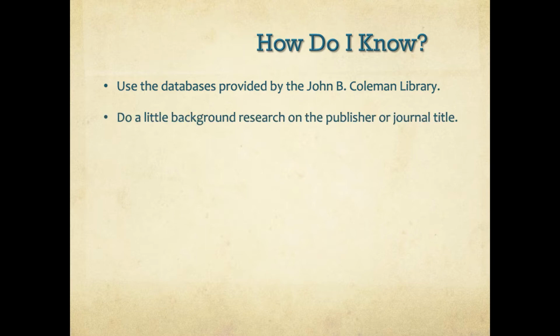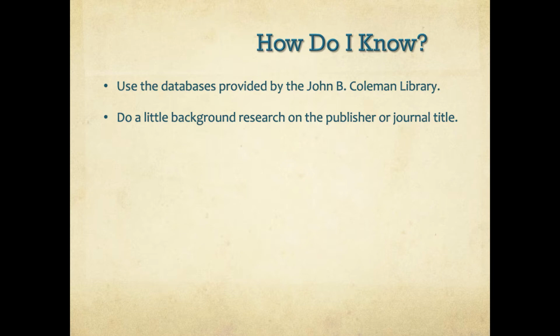When you use a source that you find through other means, then sometimes that requires that we do a little background research on the publisher or on the journal title. So if you found a book and you're not sure whether it's an academic book or not, or if you got on Google Scholar, which I don't necessarily recommend, but I can't stop you from using Google Scholar.